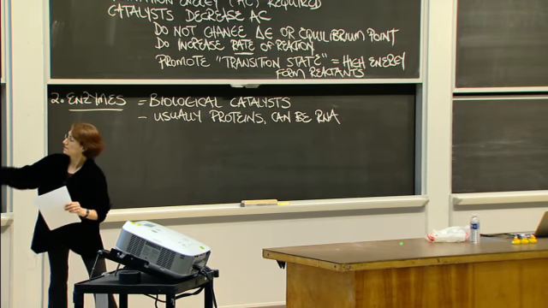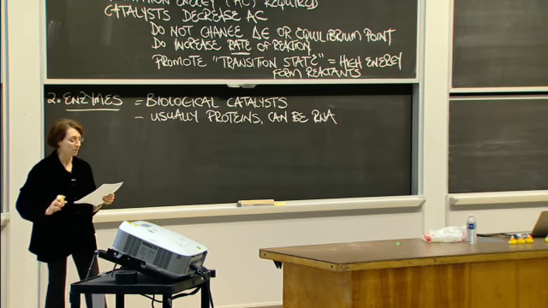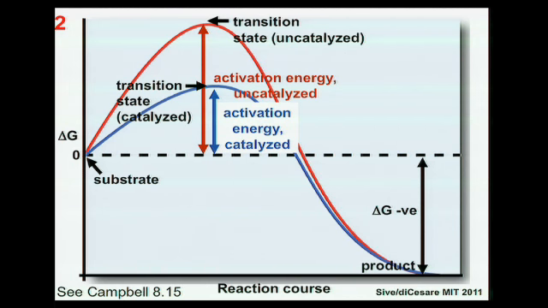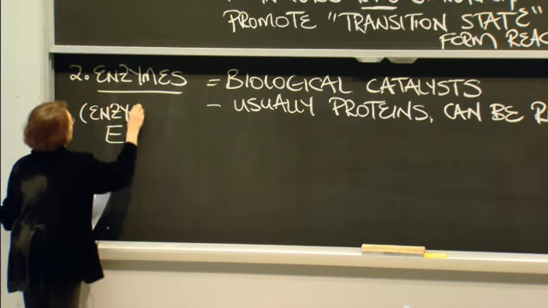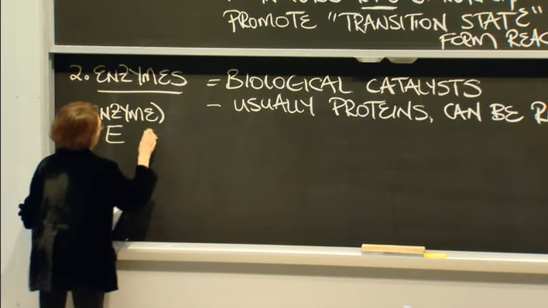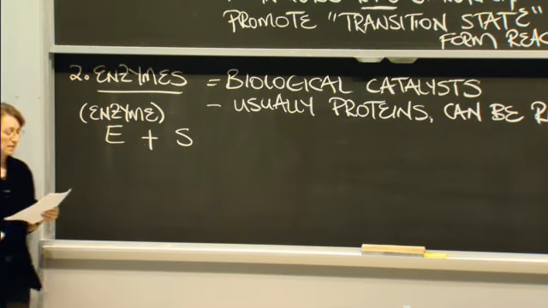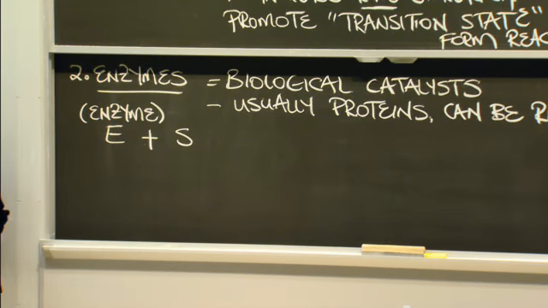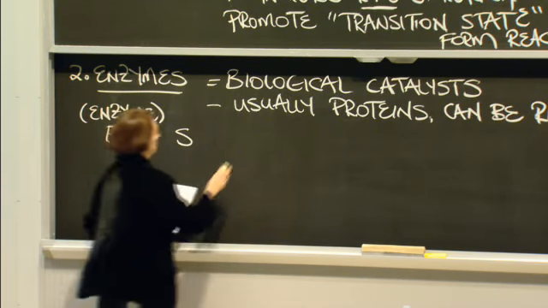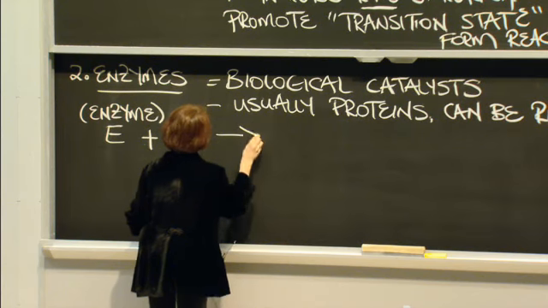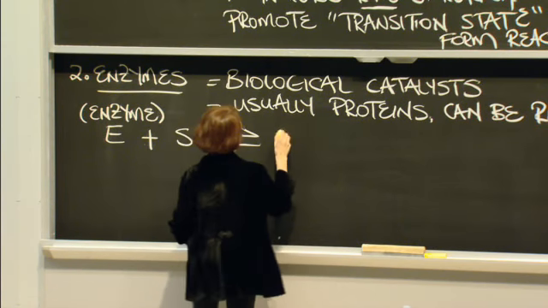We're going to rewrite the chemical reaction that I have on that board in a slightly different way, which is the conventional way for thinking about enzymes, where we're going to have an enzyme, abbreviated E, plus the substrate, that is going to form an enzyme-substrate complex. And this is the transition state, so-called transition state complex.